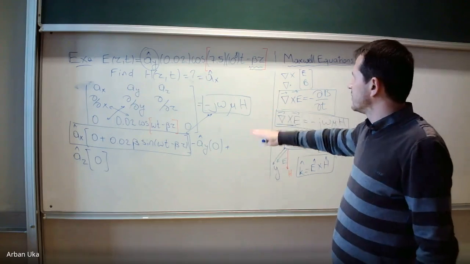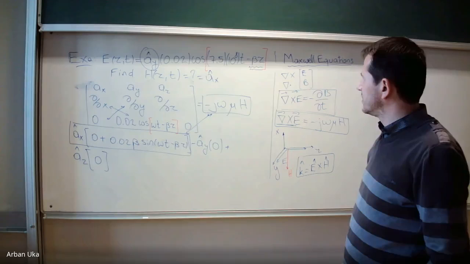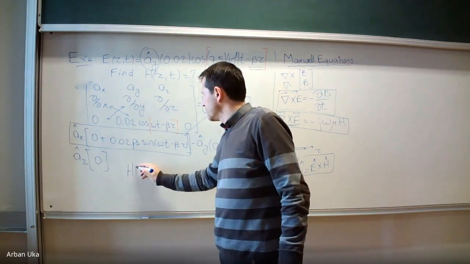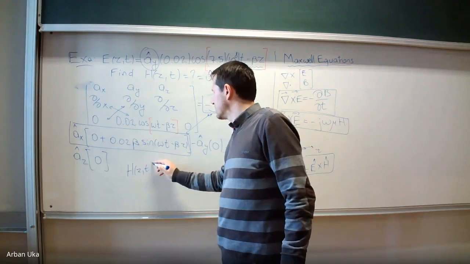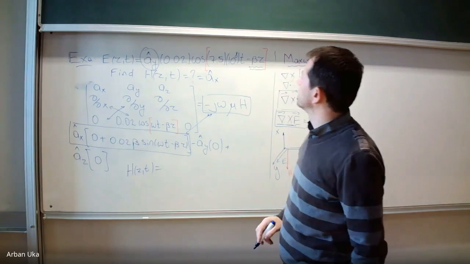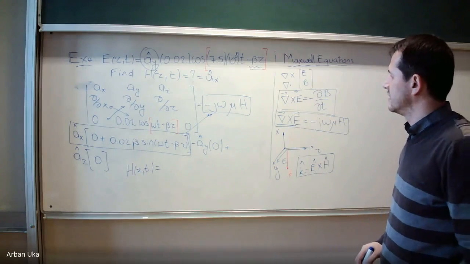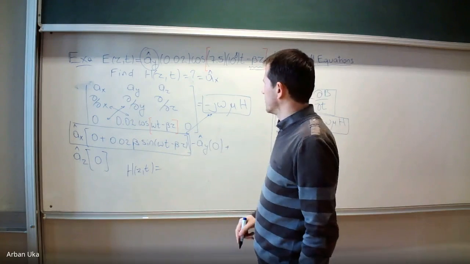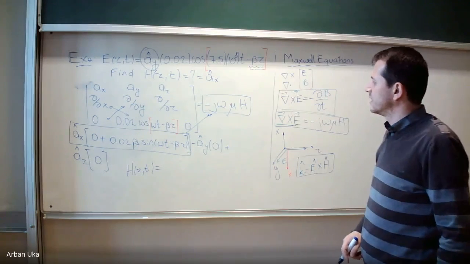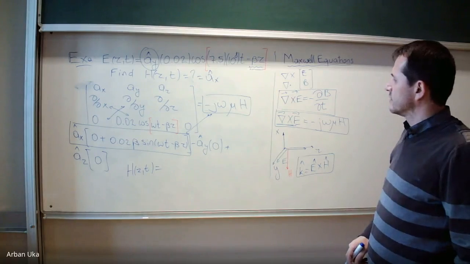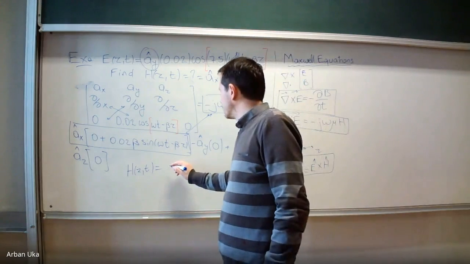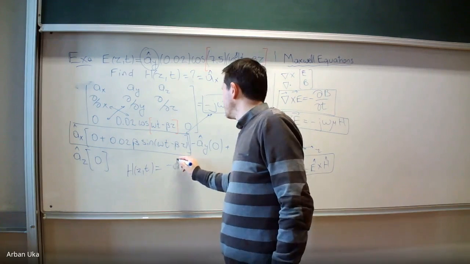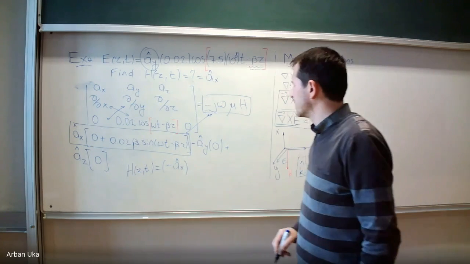So from here, we found that H is going to be a relatively simple result. So H is a function of z and time. No, wait a second. Yes, we do have the time still in the expression. So, by the way, this is z. Okay. I hope we have not done anything wrong yet. So, this is H of z is equal to minus AX. Let's preserve the minus sign like this.